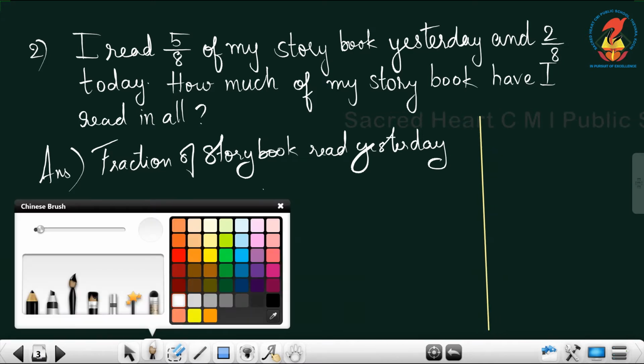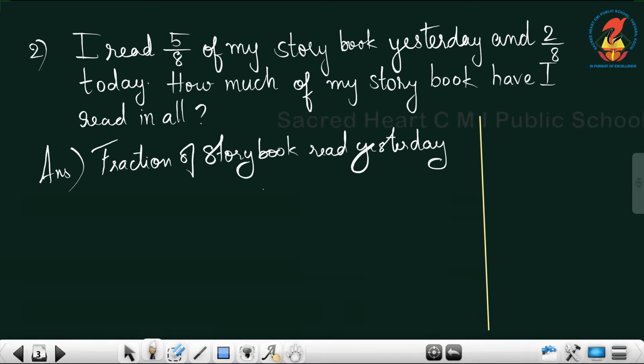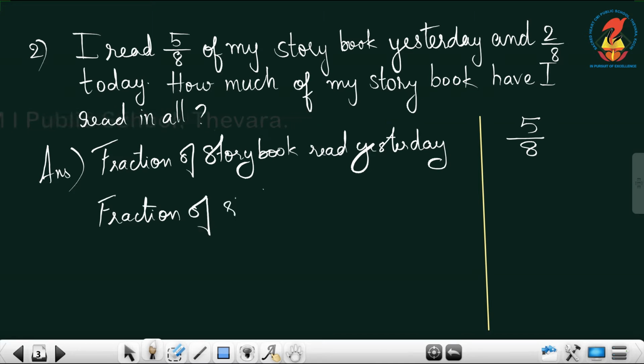Yesterday it's 5/8. 5/8 portion he has read yesterday, and fraction of storybook read today.